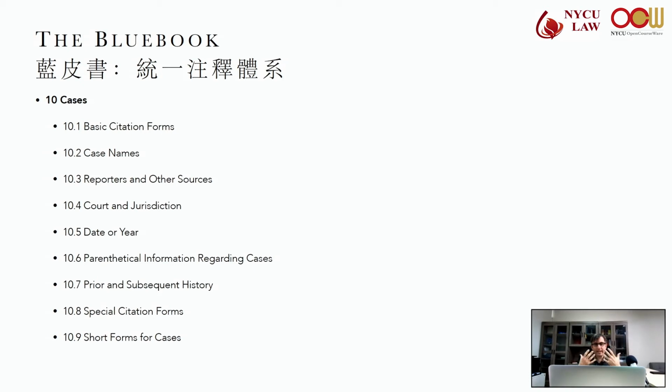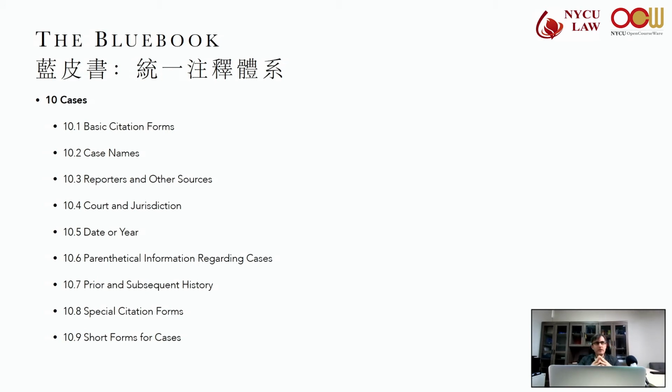So when a case is cited for something that's not the majority, indicate that in a parenthetical as well. So, for example, the dissent.